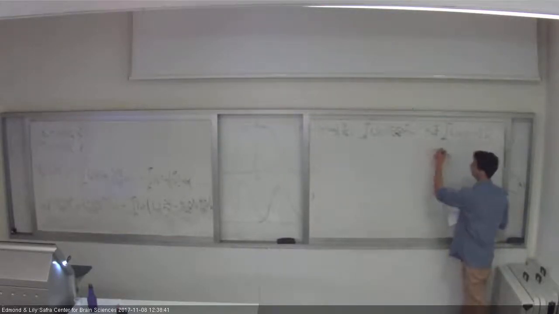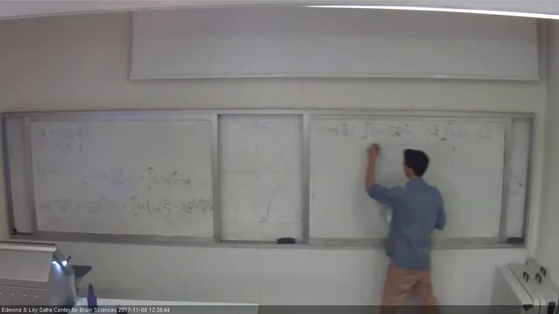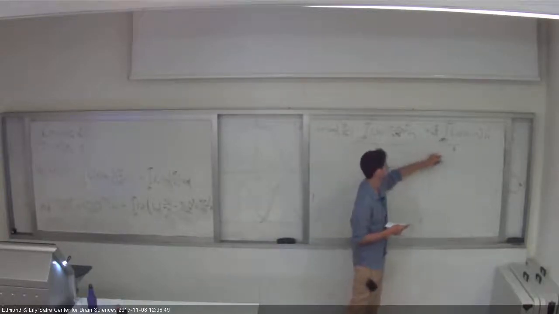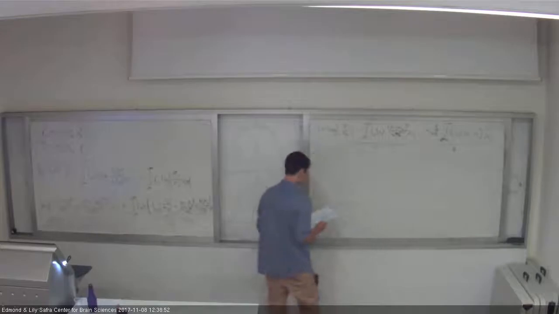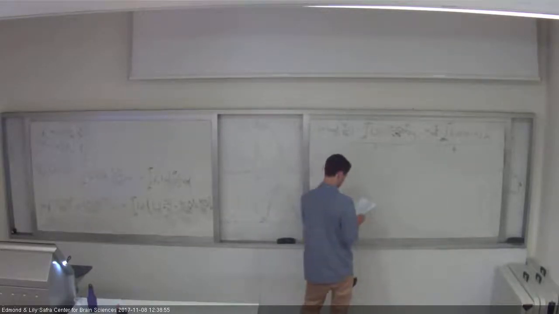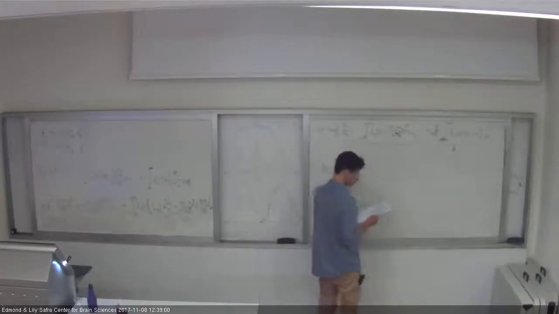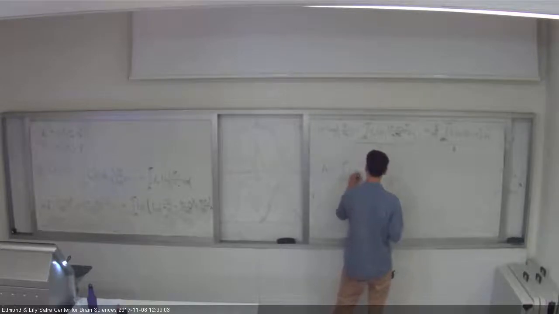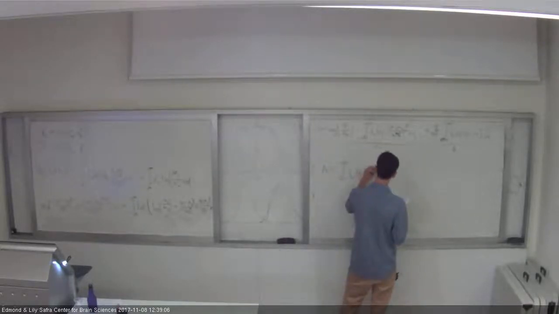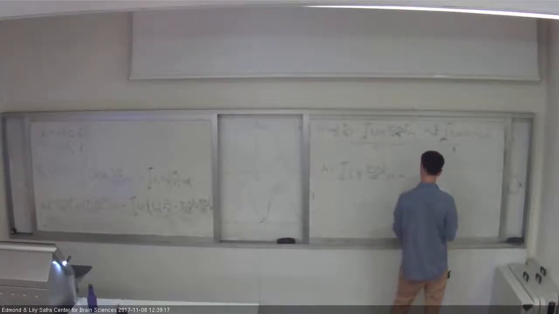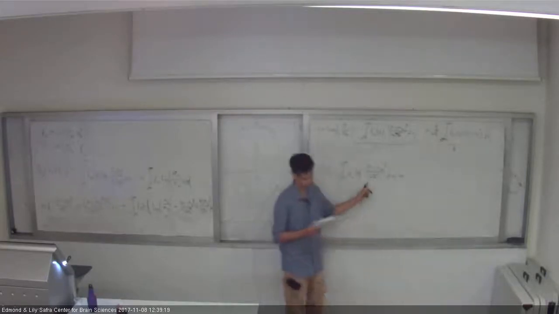So if this is B and this is A, A is equal to the integral from minus infinity to infinity of f0 (x minus mu 0) squared divided by 2 sigma 0 squared dx. And what is this?